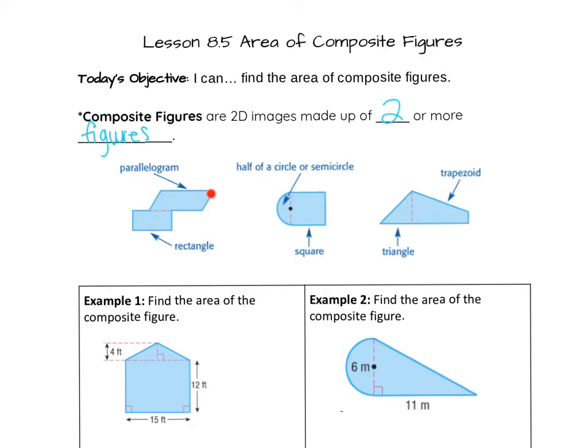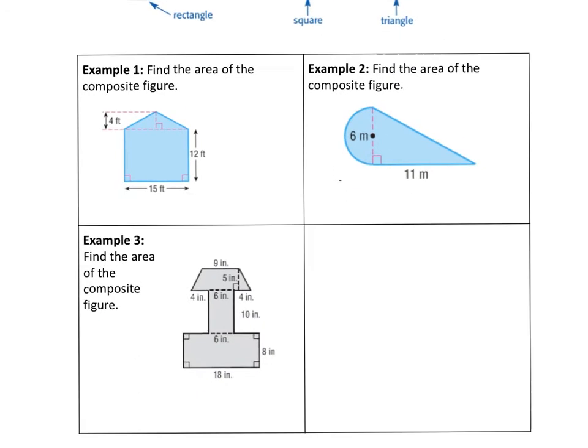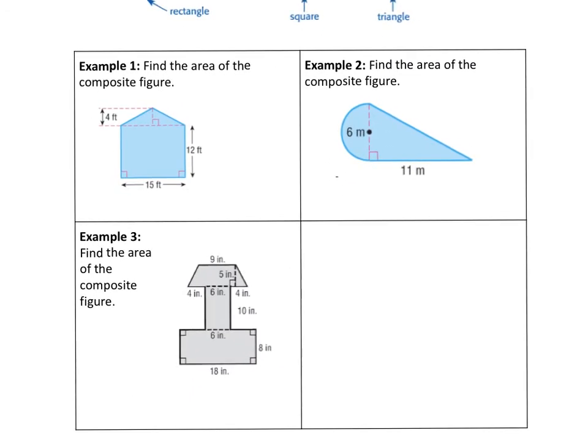This is a rectangle and a parallelogram, but this is one big shape. There's no name for it besides composite figure. This is a semicircle and then a square. Again, one big shape, but 2 shapes put together, and then same thing with this trapezoid and triangle. So by the end of this lesson, hopefully you will be able to find the area of composite figures.